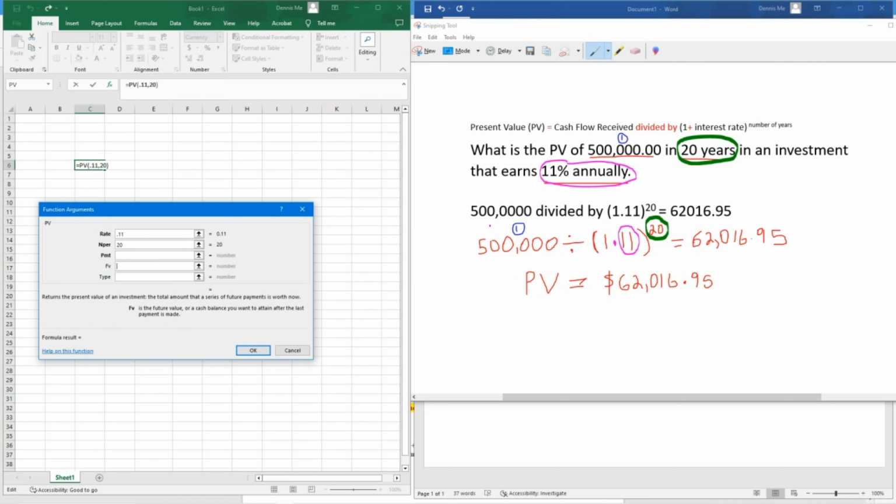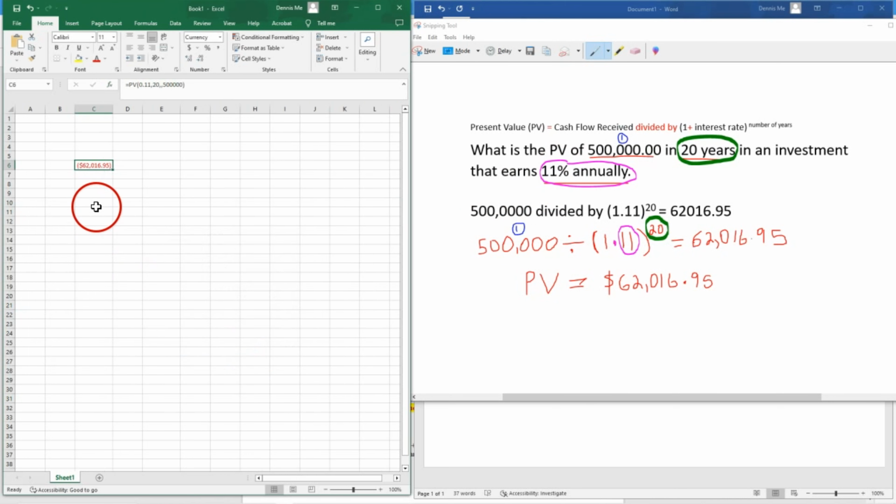If I key $500,000 in here, I will get a negative number. It's going to be the same, but if I key a negative number here, the payout will be negative and it will give me a positive. So let's do both. So $500,000, and what we have is 62,016.95.